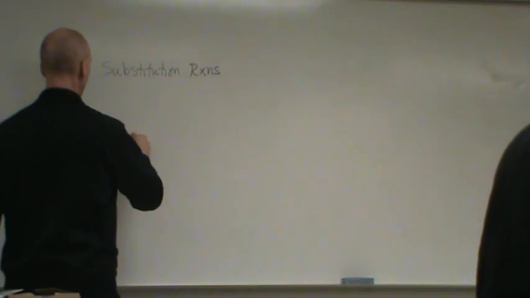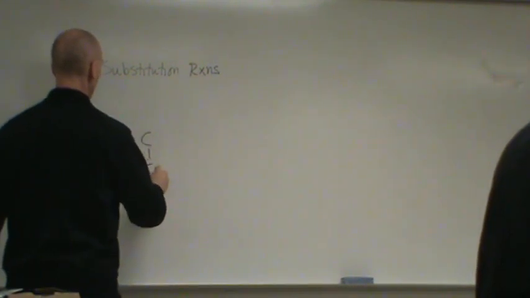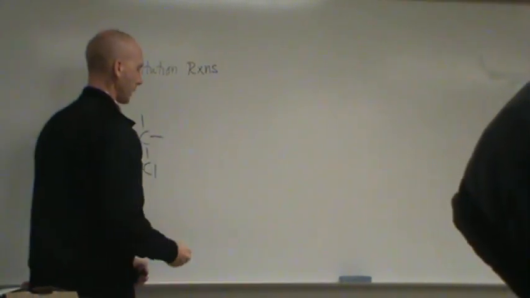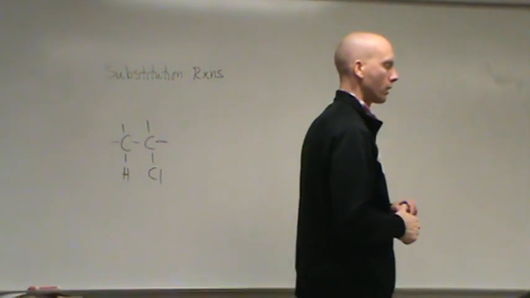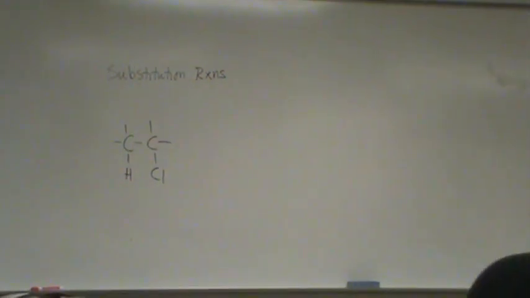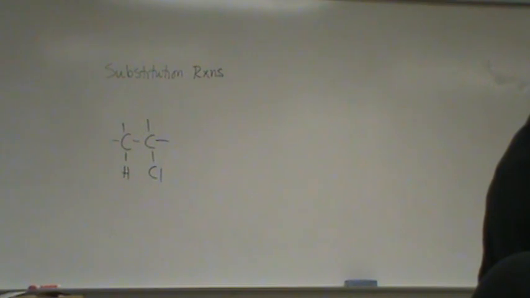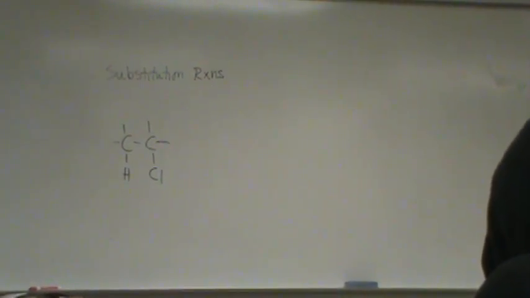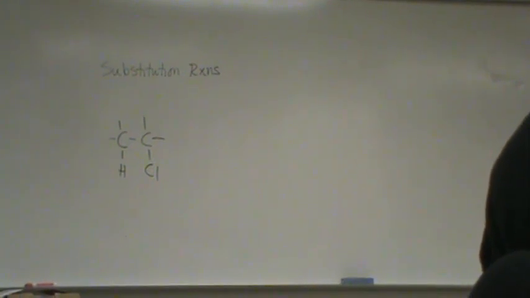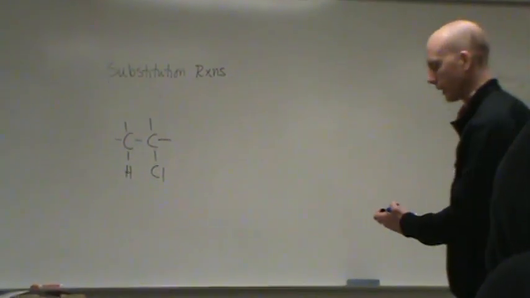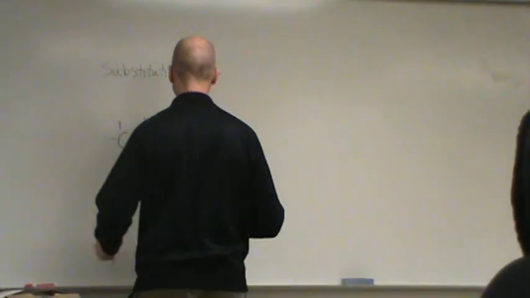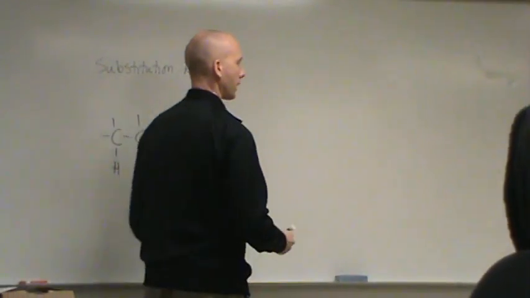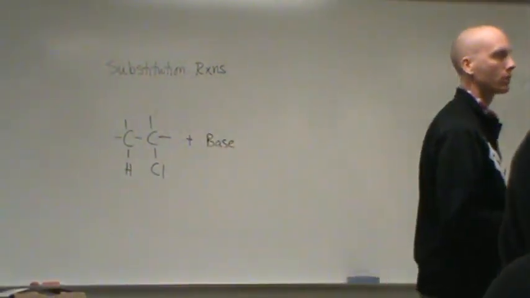I'll just draw partial. We're going to look at these two atoms that are vicinal to each other, adjacent. So you've got a hydrogen and a Cl there. What I'm going to do is take this molecule, whatever it is, and react it with a base.